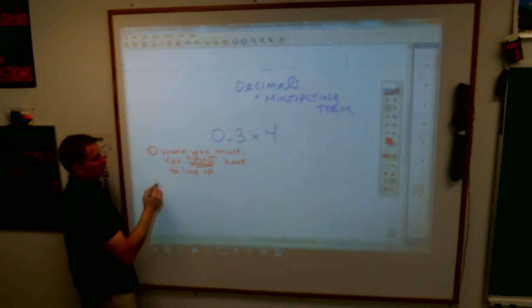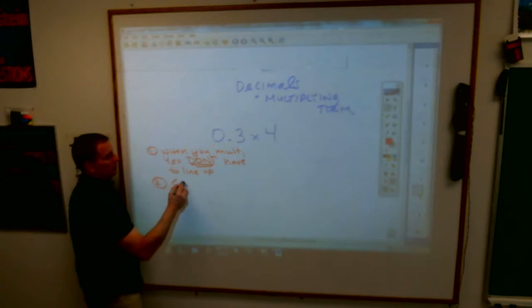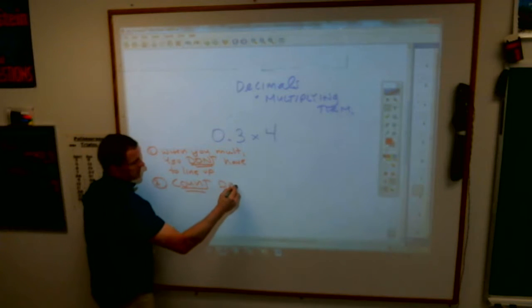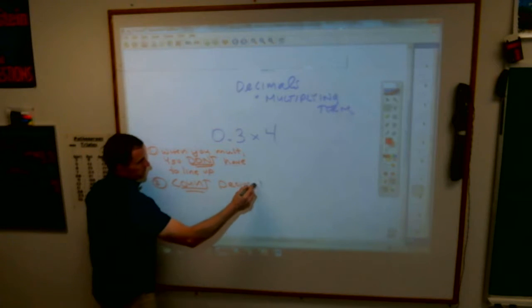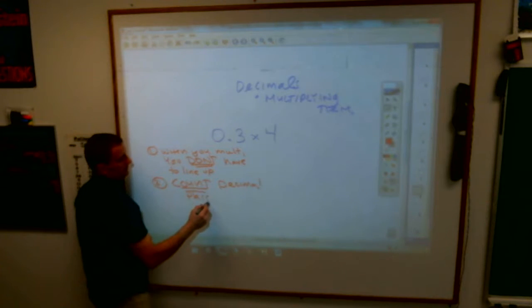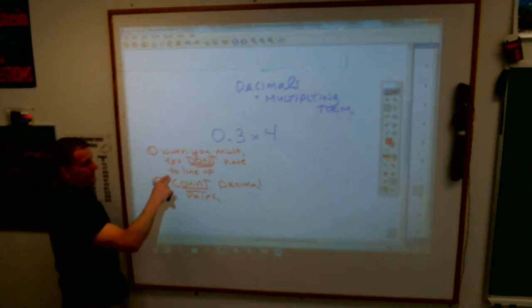And number two, the thing to remember when you do multiplying by decimals is that you need to count decimal places. Count decimal places. So let's say I'm back to this problem here.